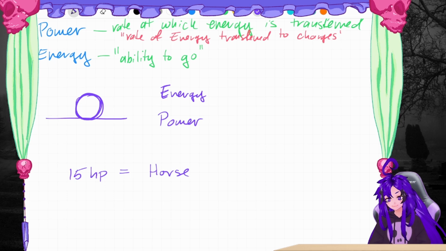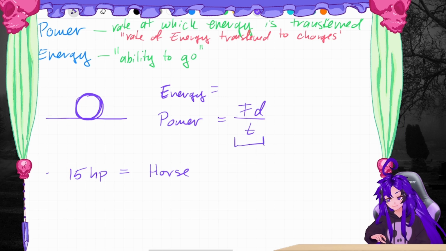Okay, so power is force times distance over time. So it's still a rate. Energy is not a force, but it comes from it. It's related, but it's not quite directly related. So power in Newtonian is force times distance over time.